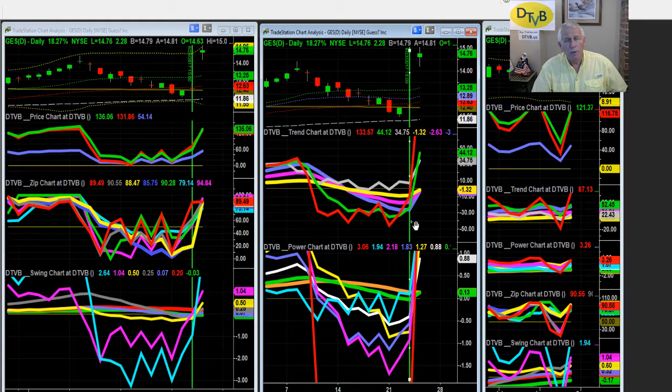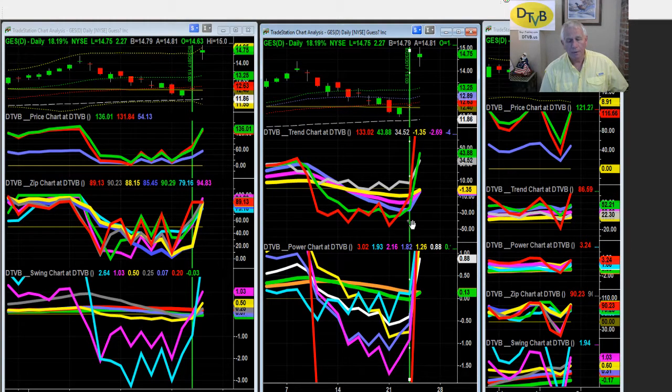And this separation that we see between the green and the red is significant from the perspective that that distance is stronger than we normally see it. In other words, red and green run closer together.